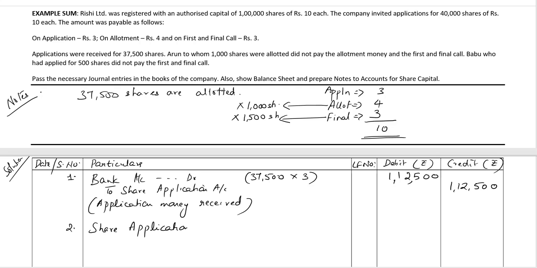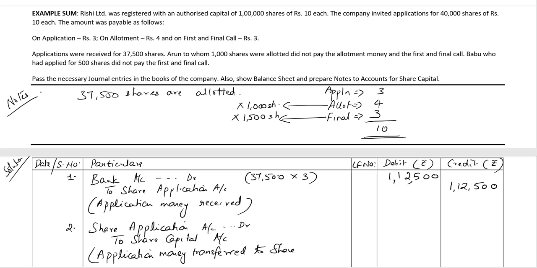Share application account debit to share capital account for application money transferred to share capital account. The amount of the application money which has been transferred is 1,12,500 rupees.